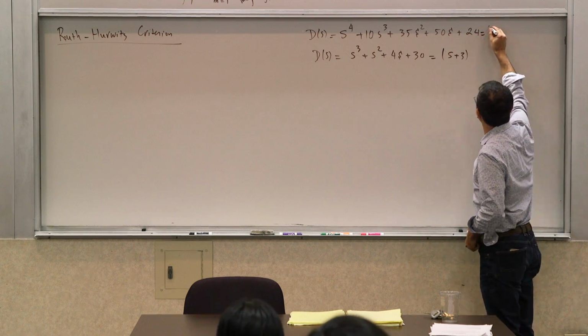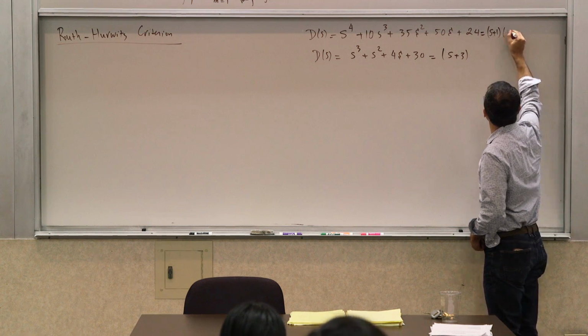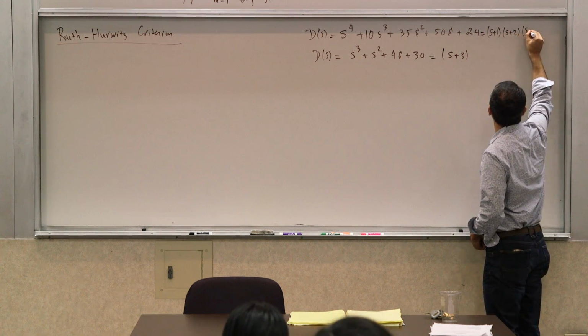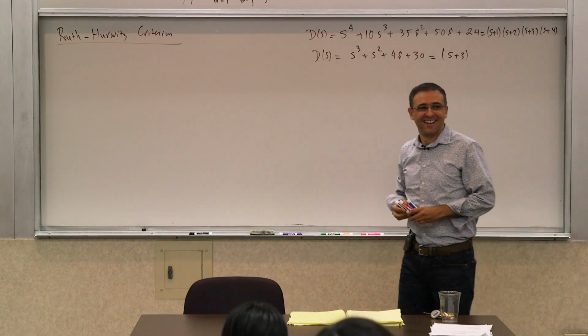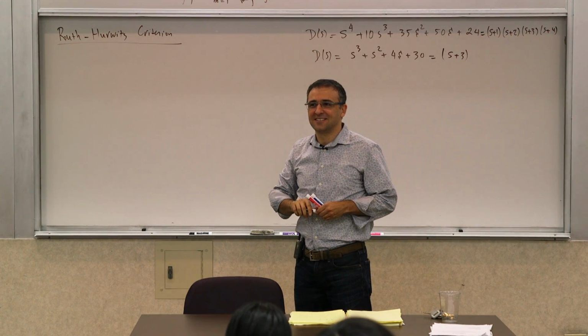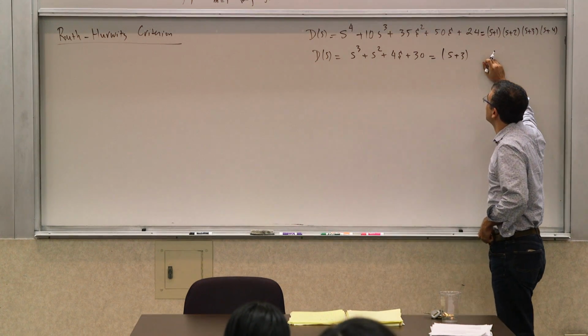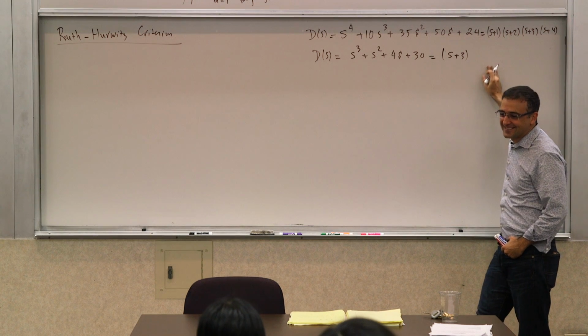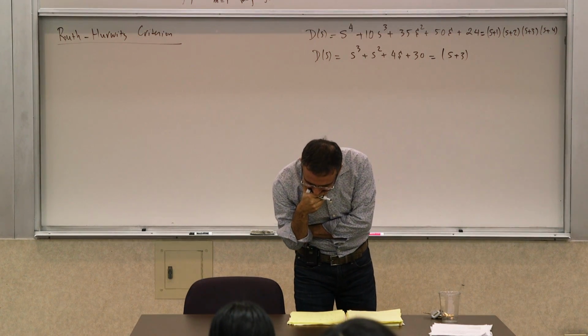Yes. Garrett says it's 1, 2, 3, 4. That was a good guess knowing me. The sum of the roots is 10. The product is 24. Oh, okay. So what are the roots for this? Any thoughts?